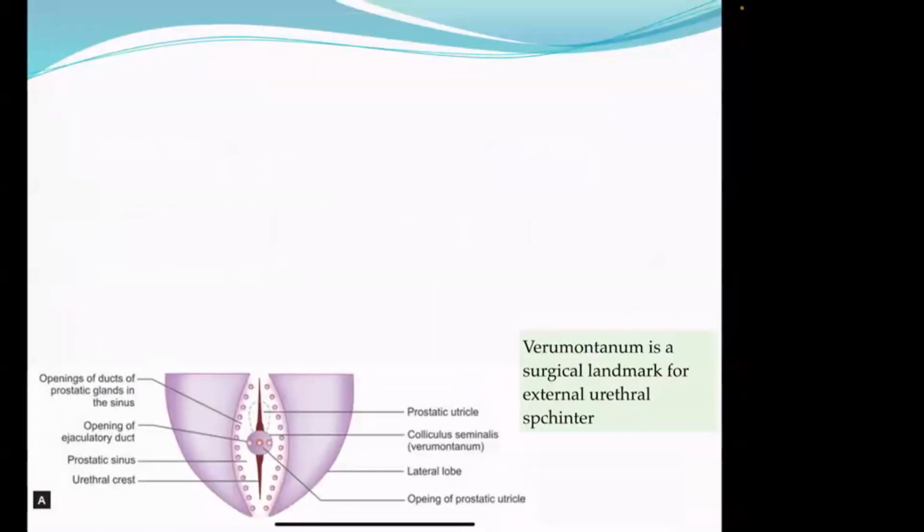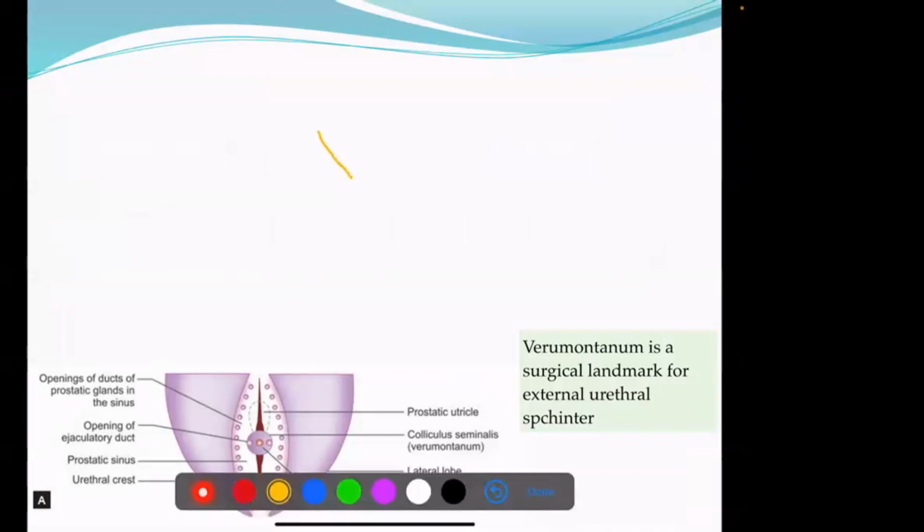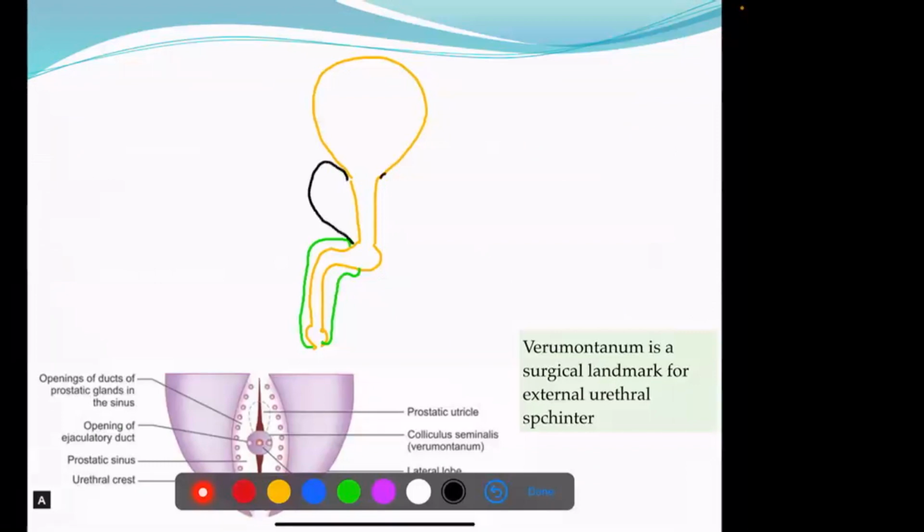If you see a prostate, it is a part of the male reproductive system. Prostate is a pyramidal shaped organ.